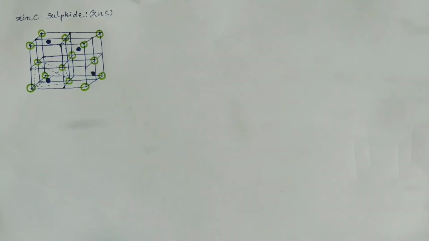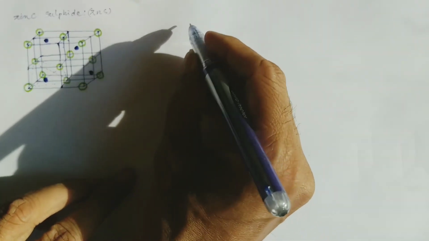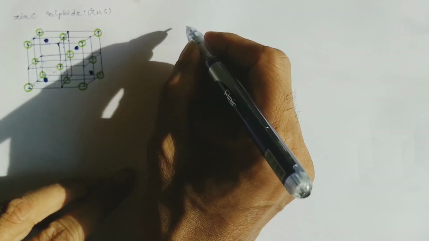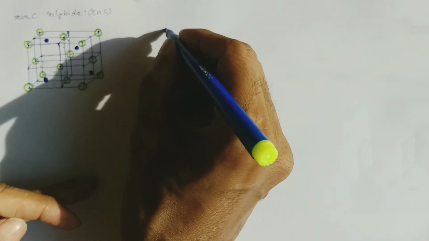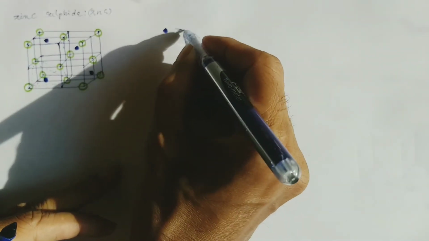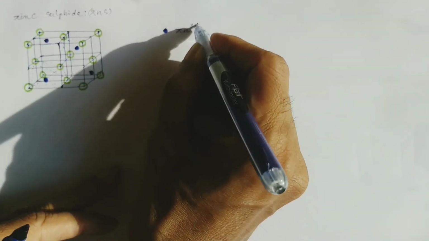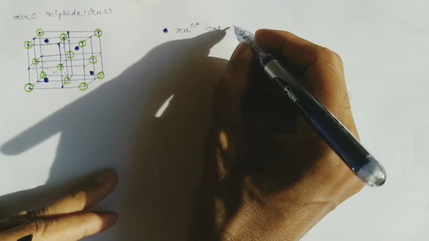Now what is the contribution? We'll calculate the contribution as well as formula. So zinc ions are present in the tetrahedral voids. So what is the contribution?